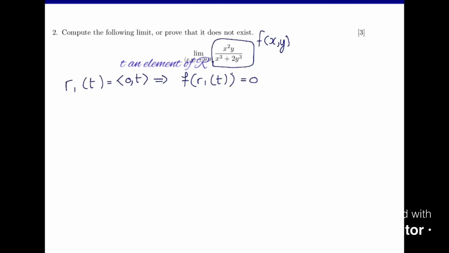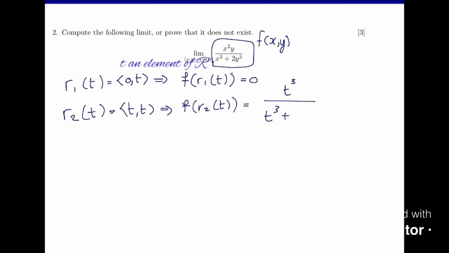But if I pick another one, let's say r2, such that it is (t, t), then f of r2 of t will be equal to t cubed over t cubed plus 2t cubed.